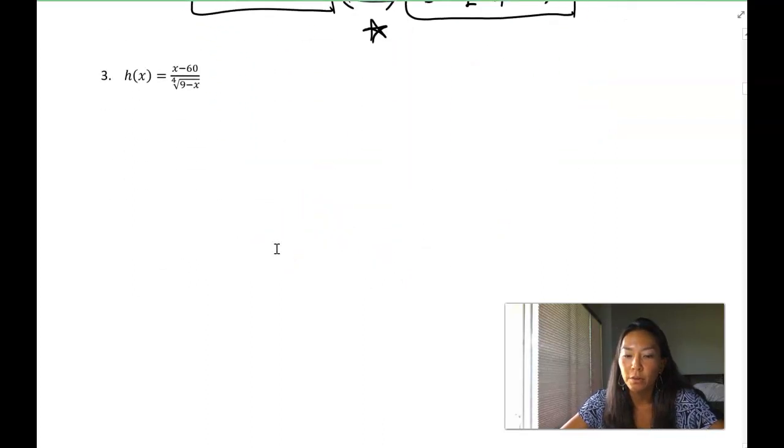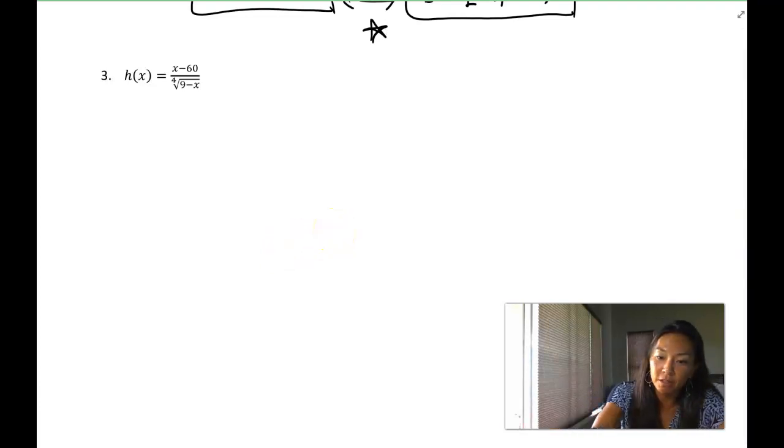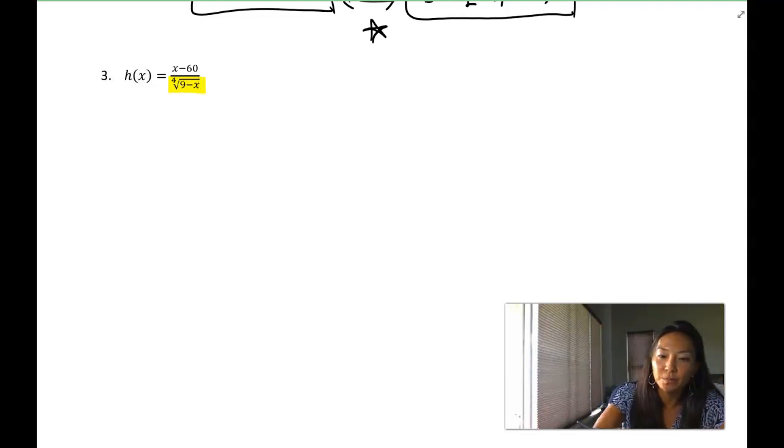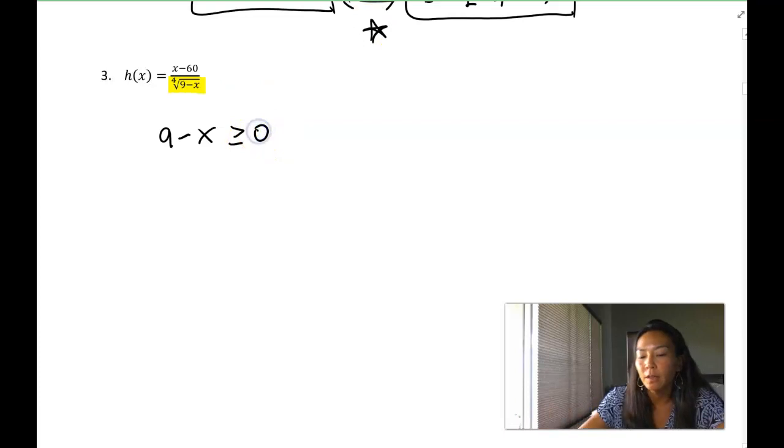Moving on to number 3. I have a fraction and I have an even root, but the even root's in my denominator, something new and different here. We have two things: the denominator cannot be 0 and the radical cannot be negative. So 9 minus x has to be greater than or equal to 0.